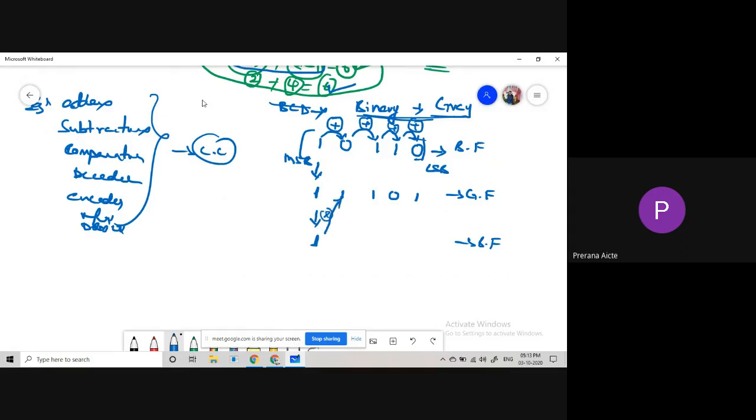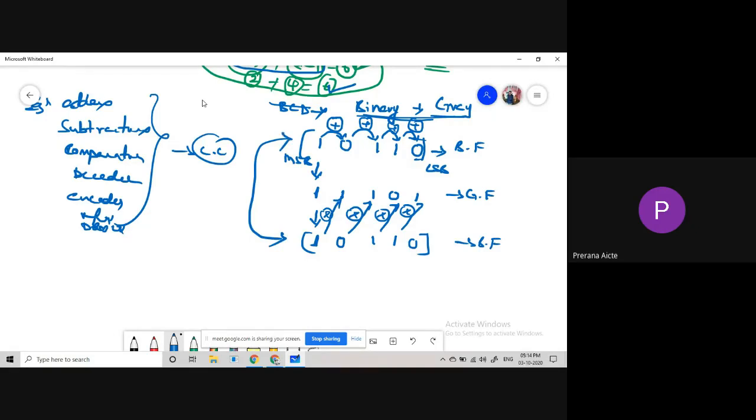XOR of 1 and 1 gives 0. Then we continue applying it for the next bits, and we are getting 0 again. So these two are equal.